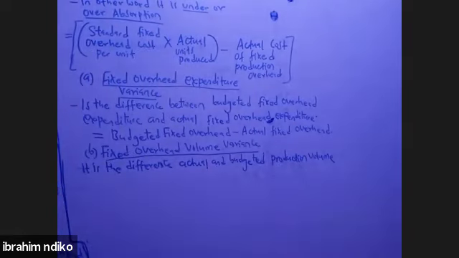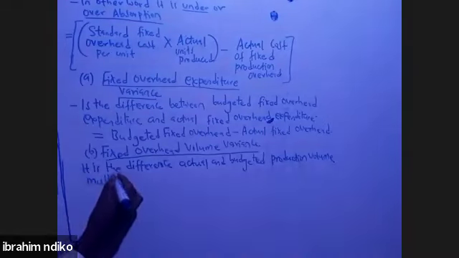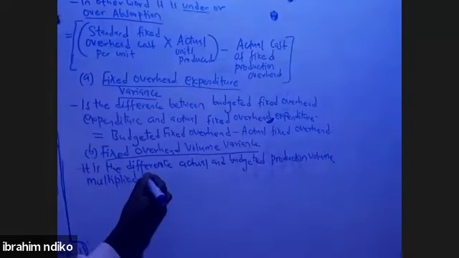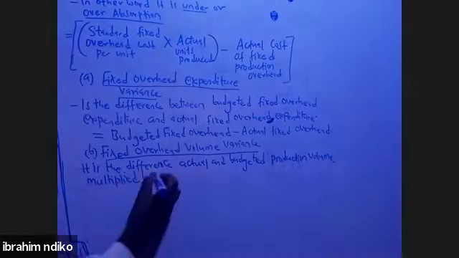We are within the allocation of the table. So we are within volume multiplied by budgeted fixed overhead.